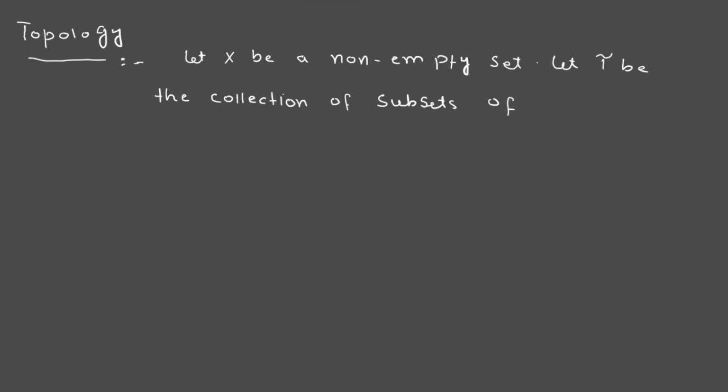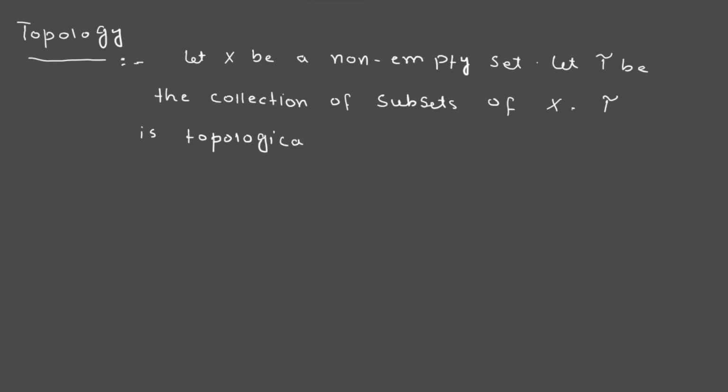If it is a collection, then we say that tau is a topology on X if certain conditions are satisfied.